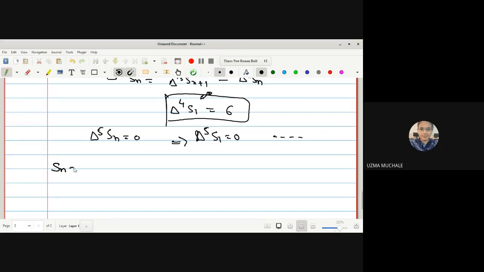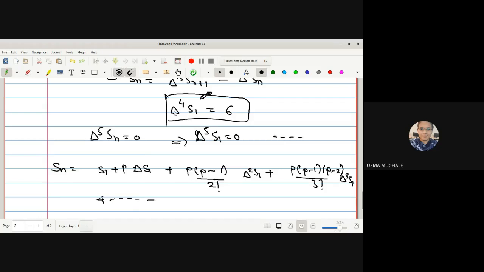Now write the formula: Sn is equal to S1 plus delta S1 into P, plus P into P minus 1 divided by 2 factorial into delta square S1, plus P into P minus 1, P minus 2 divided by 3 factorial delta cube S1.